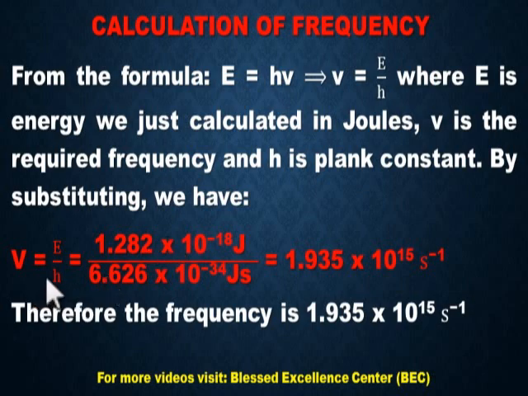Then the Planck constant has a constant value of 6.626 times 10 exponent minus 34 joule seconds. So if you divide this by this, you're going to have 1.935 times 10 exponent 15 per second. The unit of frequency is per second or hertz. Therefore, the frequency is 1.935 times 10 exponent 15 per second.